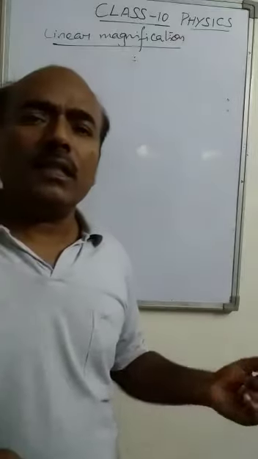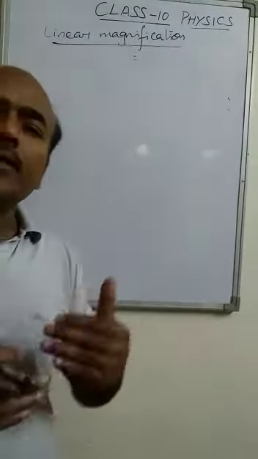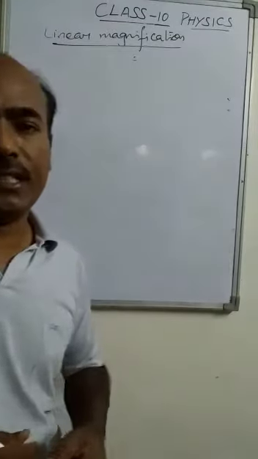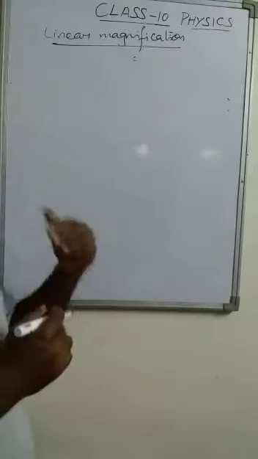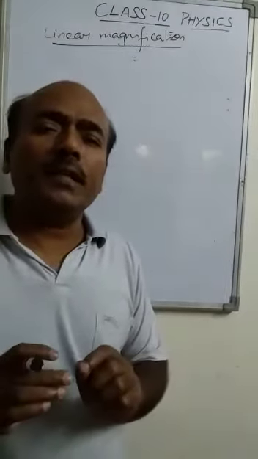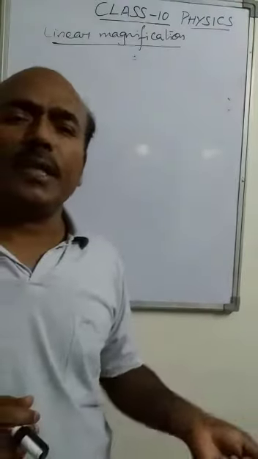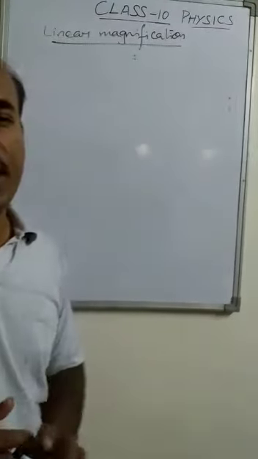In all the cases, for the same object, the size of image was different. And this linear magnification is simply the ratio of size of image to the size of object.